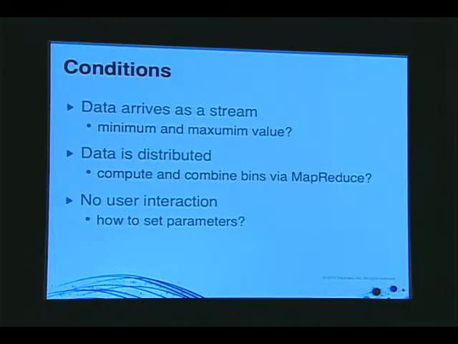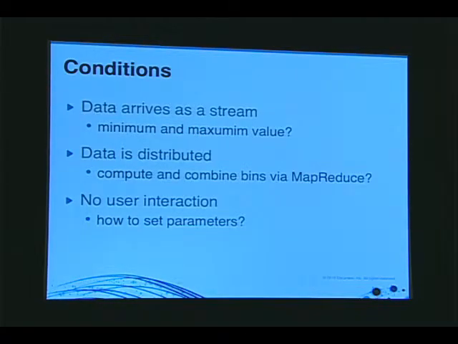We want to create histograms during an import job where we see every single record once anyway, but only once, not twice. This is a little problem because in order to create a histogram the usual way, you need the minimum and the maximum. You need to pass your data once to determine this, and then again to determine the frequencies. But here we see the data only once. So this is a data stream problem.